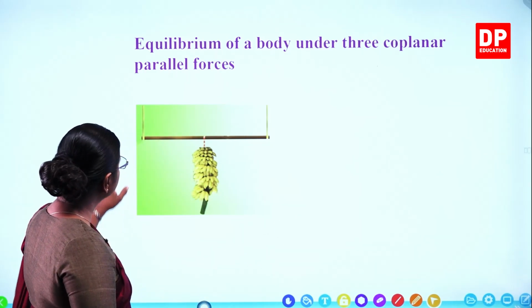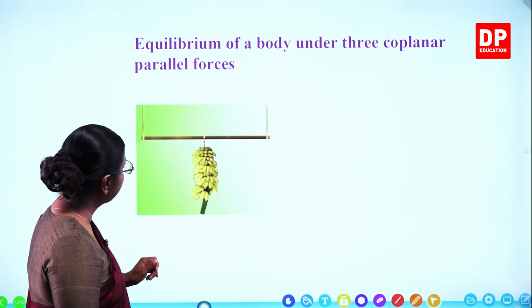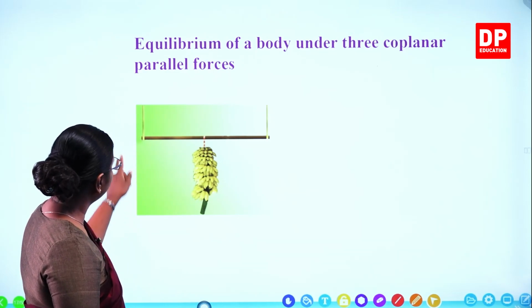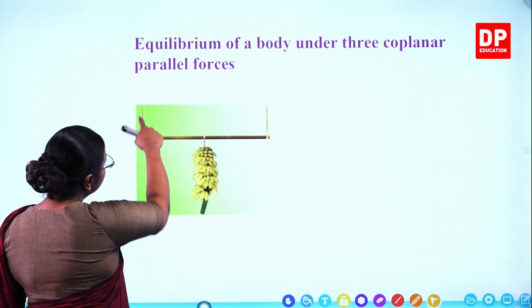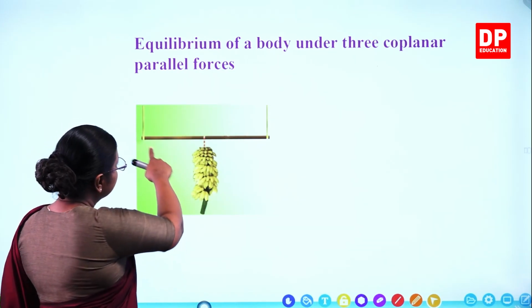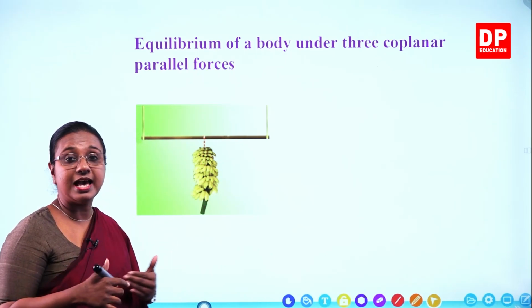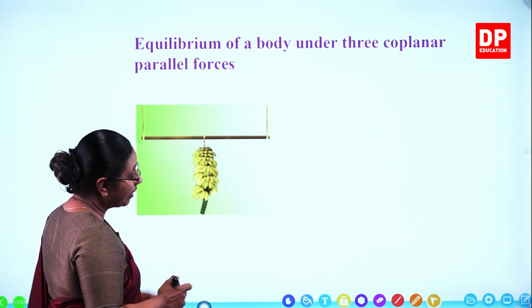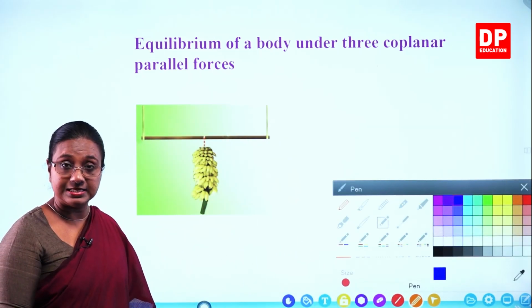So, if you look at this example, in the picture you can see a bunch of bananas hanging from a rod, a light rod. And the rod also has been suspended by two strings there. And here you can see in the middle the bunch of bananas is hanging from the middle. So, what are the forces that act on this particular system?